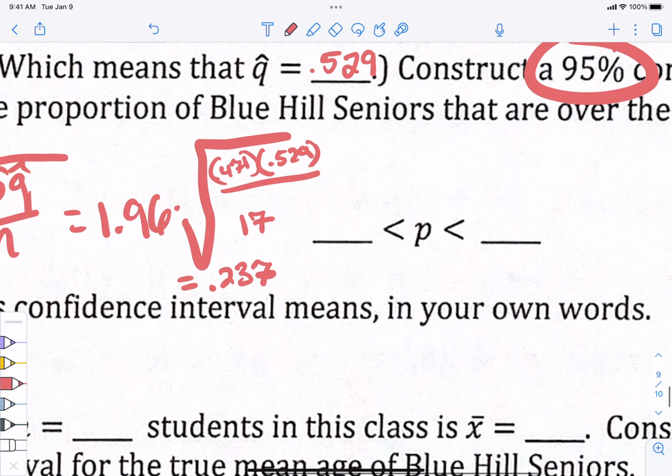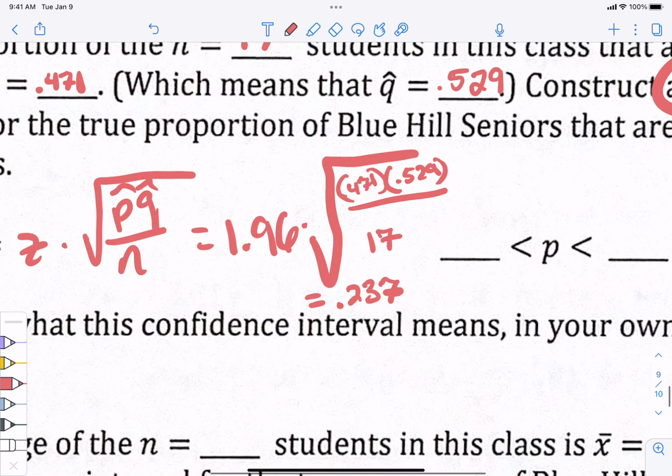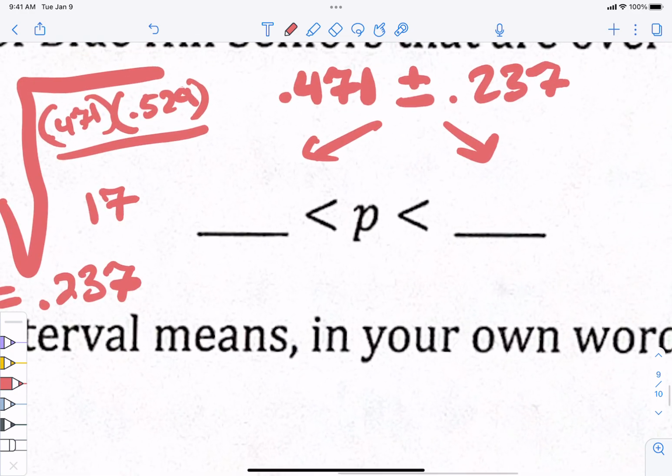Now, that's what I add and subtract from what? P hat. So I take 0.471 and I add and subtract the 0.237 and I get these two numbers, right? I can't math in my head.